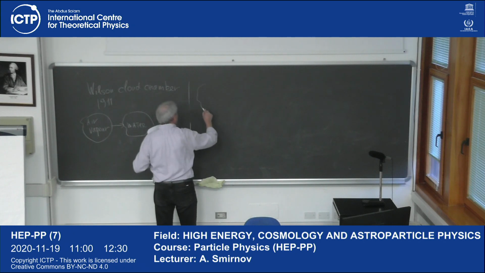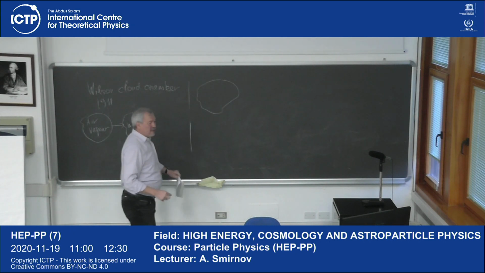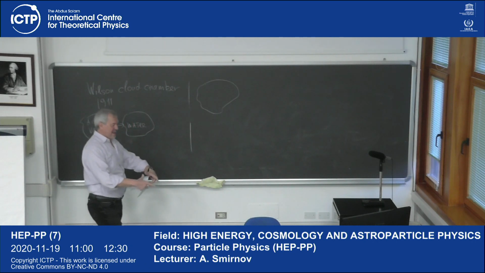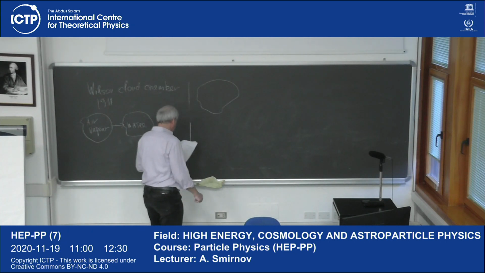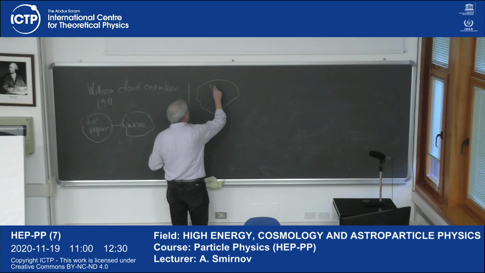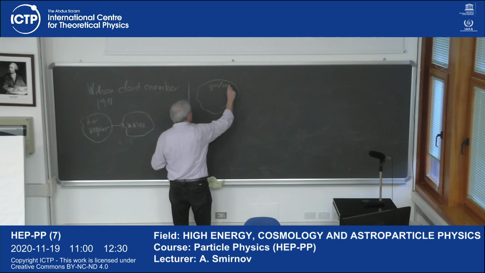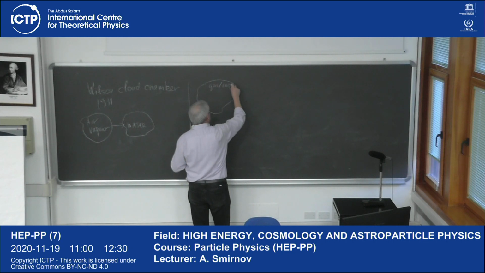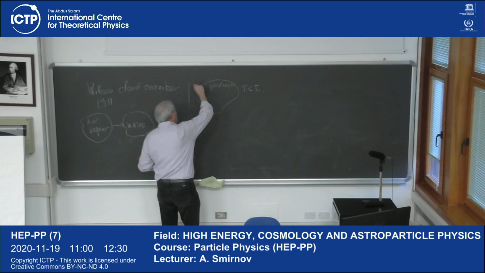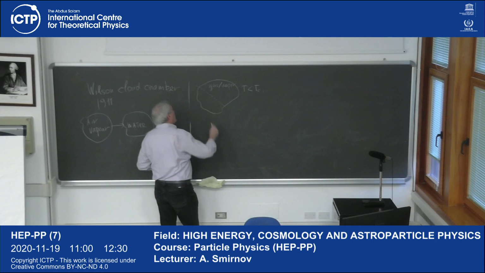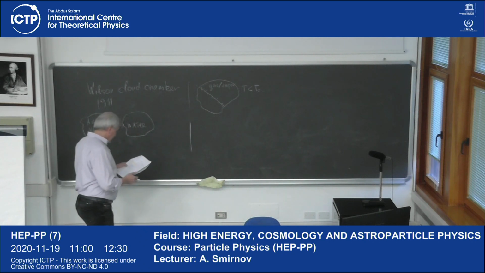So suppose this is the medium, and actually the first Wilson chambers were very small, like this, 20 centimeters, quite small. So suppose we have this medium, gas or vapor, at T below T critical. Suppose a particle crosses this medium, produces ionization around, so the particle crosses and produces ionization along the trajectory.